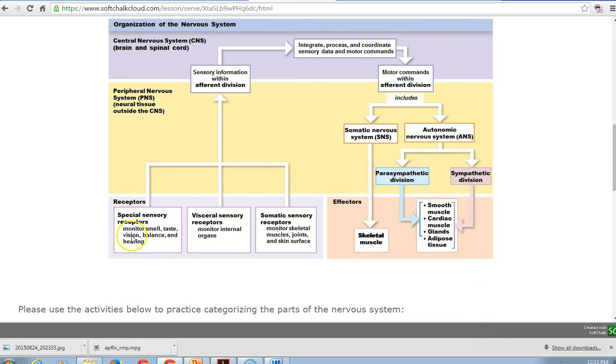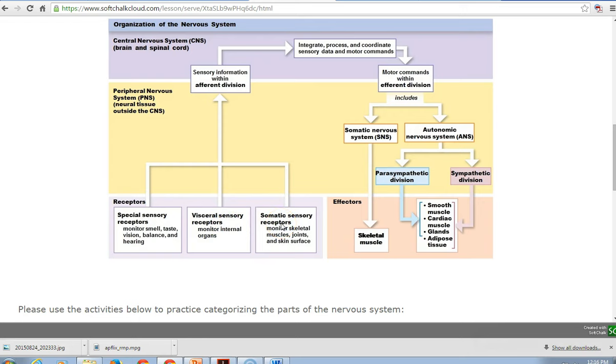If it's smell, taste, vision, balance, or hearing, that means it's part of the special sensory division. If it's coming from your internal organs, like the twist of intestines, then that's part of the visceral sensory division. And if it's coming from your skeletal muscles, your joints, or your skin surface, then that's going to be the somatic sensory division.